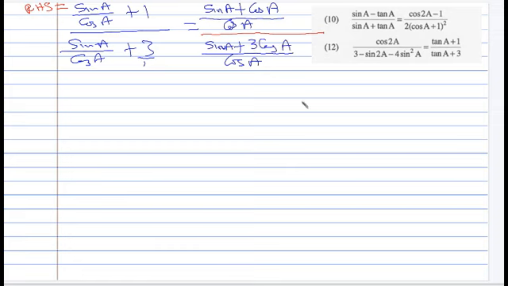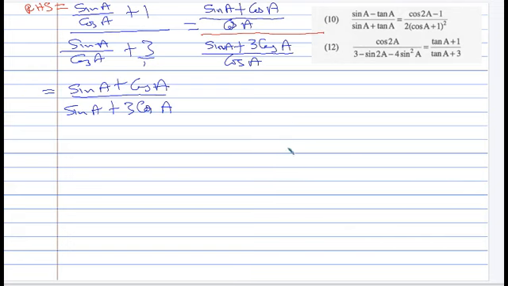And then the trick that we used that time, we are dividing by this, so we can multiply by the reciprocal of this one, by flipping it. The cos will be on top, this cos is below, they cancel each other, so that we have sin A plus cos A all over sin A plus 3 cos A. If you did not get that one, go to the previous question.